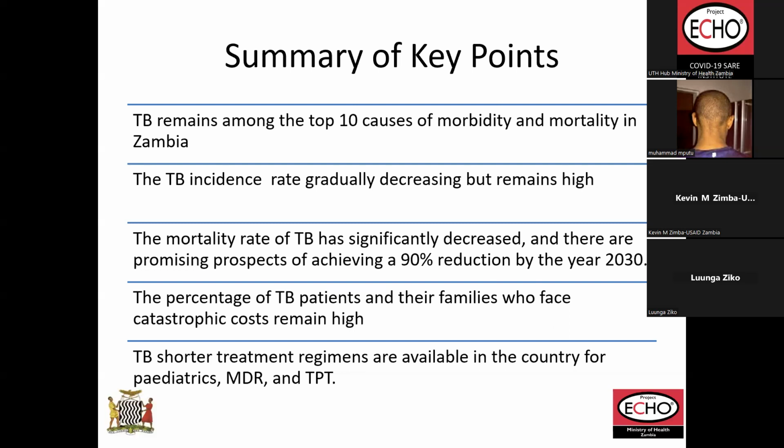So we do not want to see anyone dying from TB, whether it's DRTB or susceptible TB. Some of these mortalities, if we pay attention, we can actually prevent them.